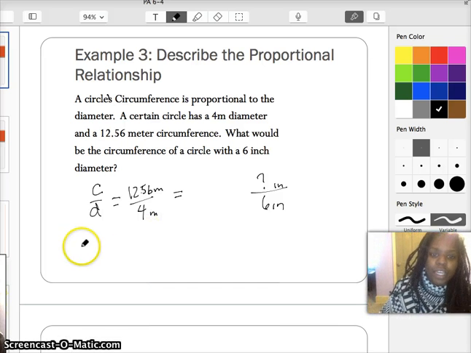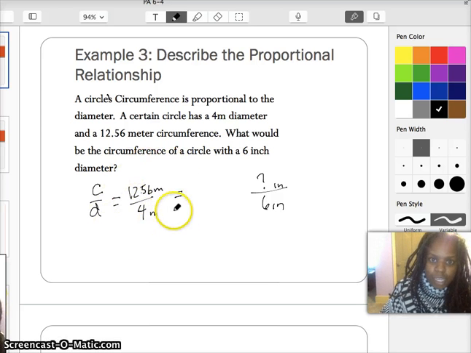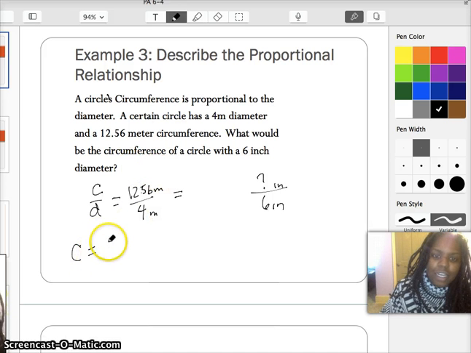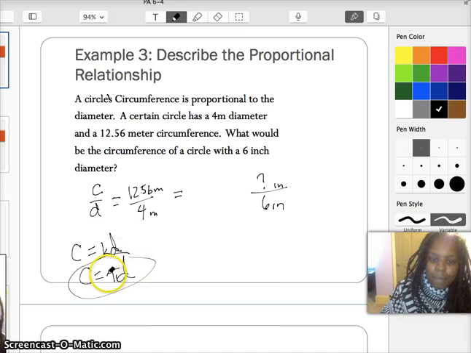What we know is, in addition to this relationship being as it is here, we also know from earlier when we talked about the constant of proportionality that C equals K times D. We should know already that circumference is equal to pi D. Pi being approximately 3.14, we're going to see that actually occurs when we do our division here.